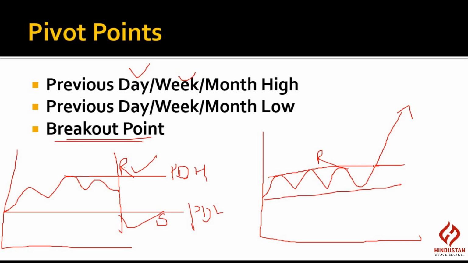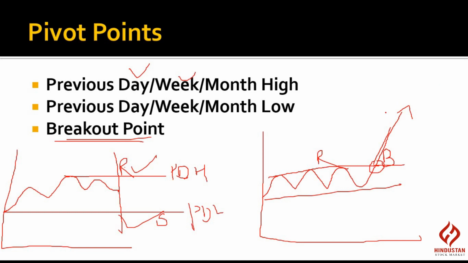At one particular time it breaks that resistance, and it keeps going. This particular point is known as a breakout. In order to consider this a breakout, previously the market should stay sideways for some time. Then once it breaks, this particular point is known as the breakout.